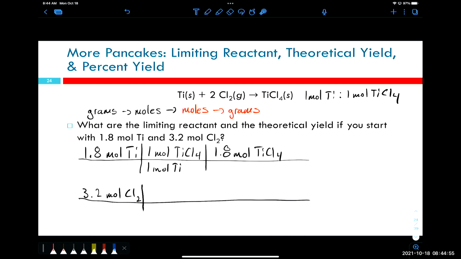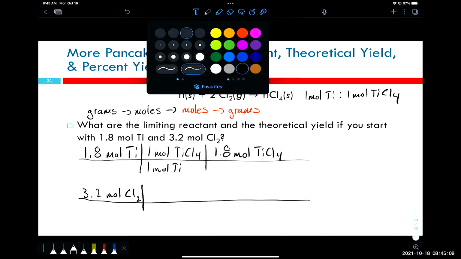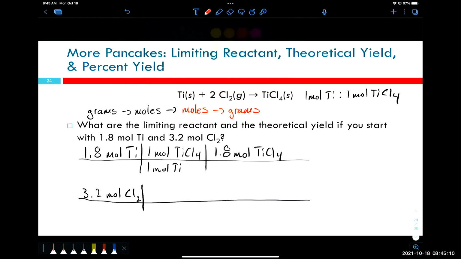Okay, so here now, we've got our 3.2 moles of chlorine. And then we go to our reaction equation here. We see that 2 moles of chlorine are required for every 1 mole of titanium chloride that we produce. So we have 2 moles chlorine for every 1 mole titanium chloride produced.